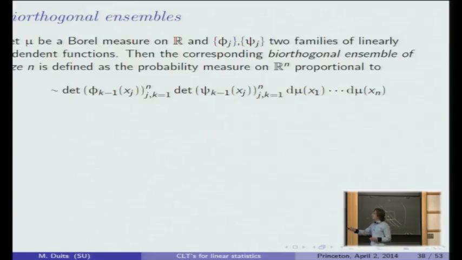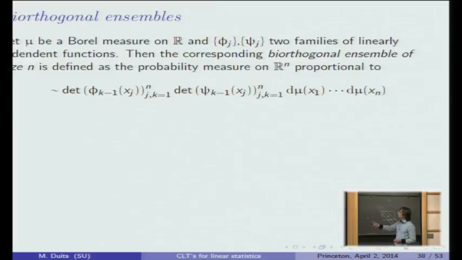So now I want to say a few things about biorthogonal ensembles. The name biorthogonal ensembles was introduced by Borodin some time ago, but they appeared before. It's a general class of ensembles that also appear naturally in random matrix theory.